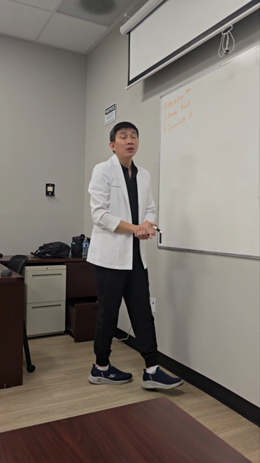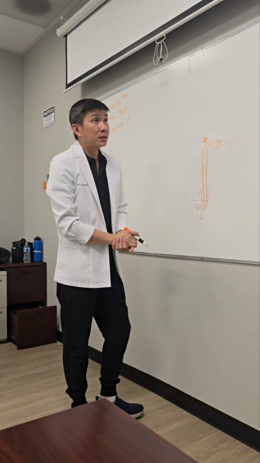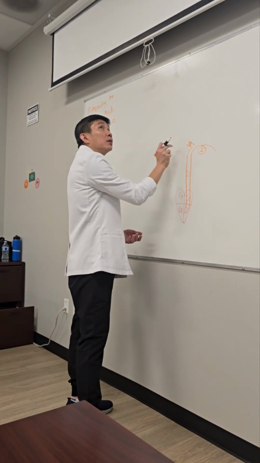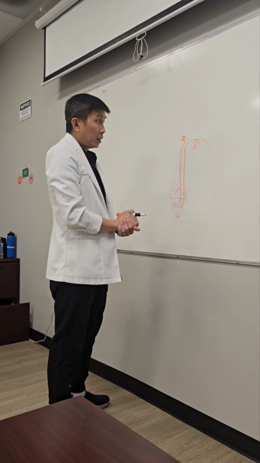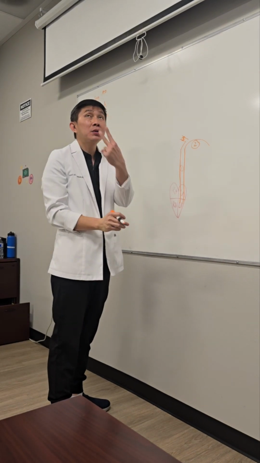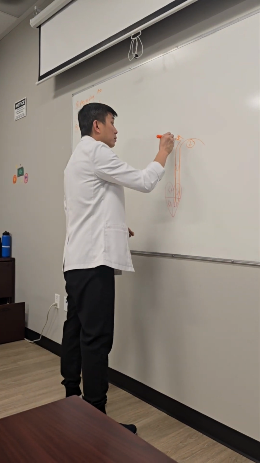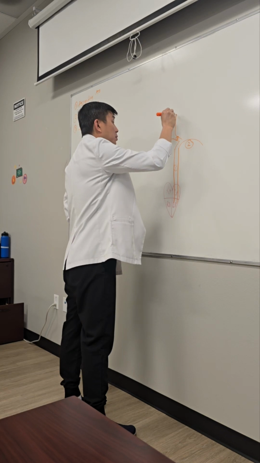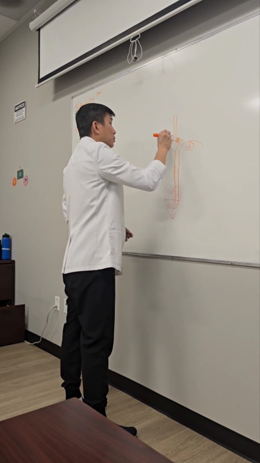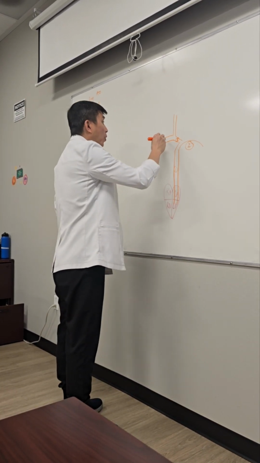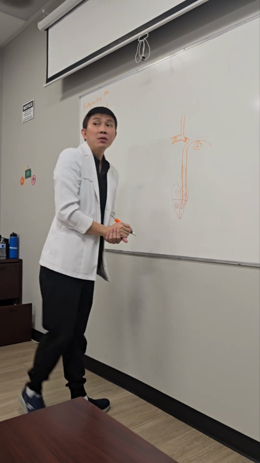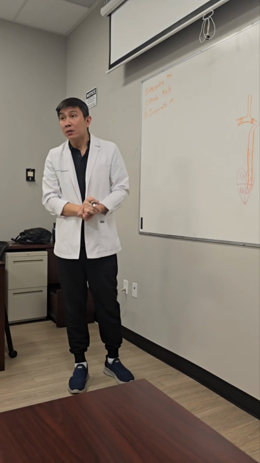Artery. The innominate here will give out 2 vessels. Number 4, right subclavian.